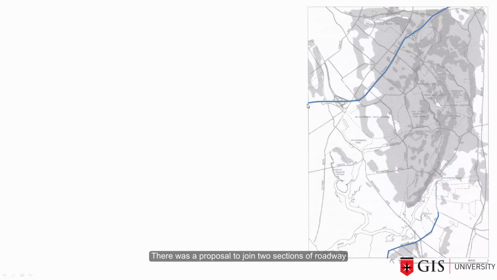There was a proposal to join two sections of roadway, both drawn here in blue, in Richmond in New York. And the route that the planners and the engineers proposed created a fair bit of community uproar, because the intended route went through parks, it went through recreational areas, and it went through forests.